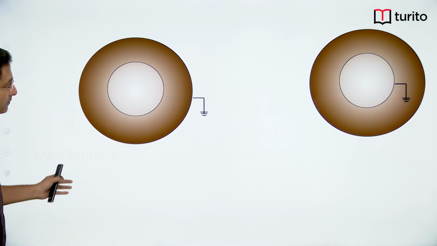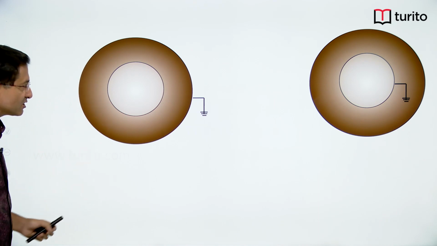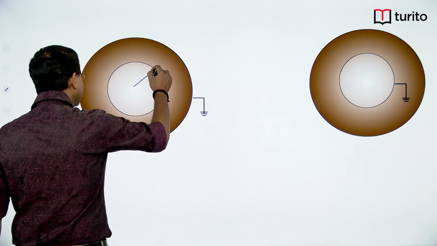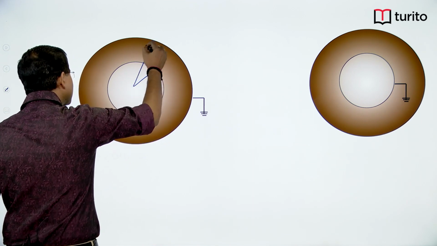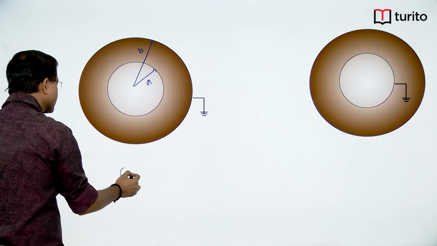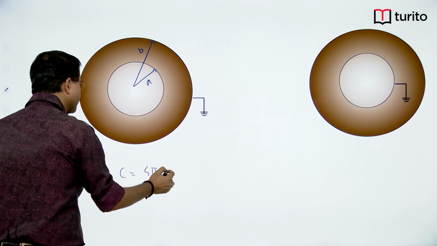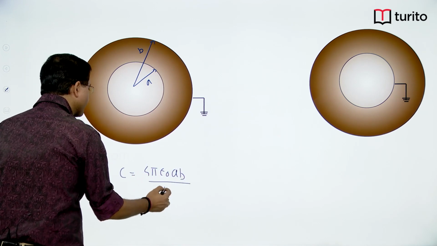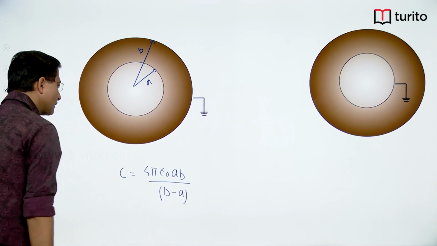If you remember, the capacitance we got, if this one is A and this one is B, then we got capacitance as 4 pi epsilon naught AB divided by B minus A, right.